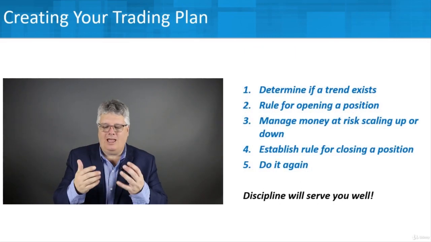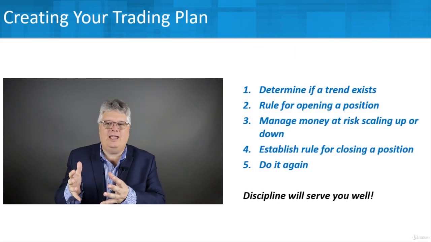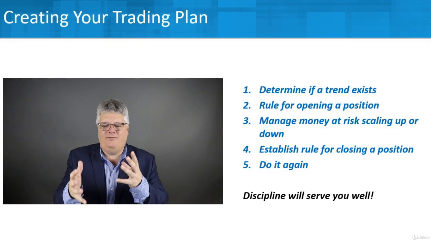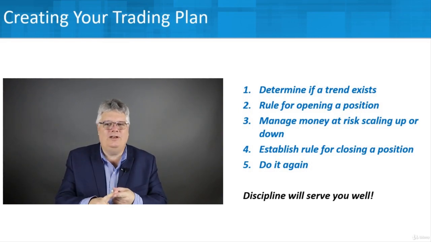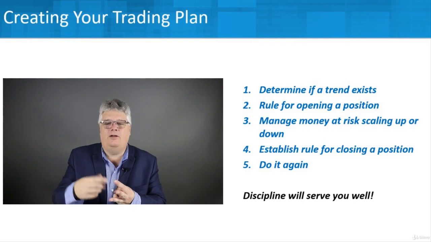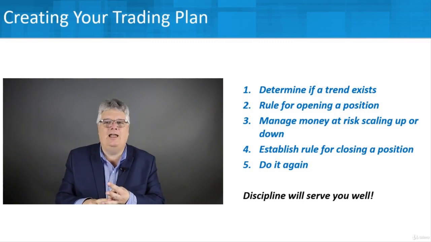So if you think about it, kind of the steps around there, you have your tools, your indicators, and you have these rules, you have these ideas of how you would use all that. And then the 5 steps: determining if the trend exists. That's your indicator, it's going to help you with that. What's your rule for opening a position? That's where your discipline is going to help you, establishing that all ahead of time. Managing your money is an important part, and you can manage that risk by scaling your money, as far as how much you want to put in at a time.